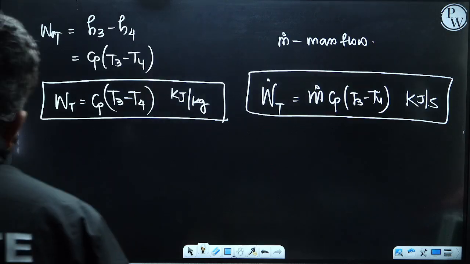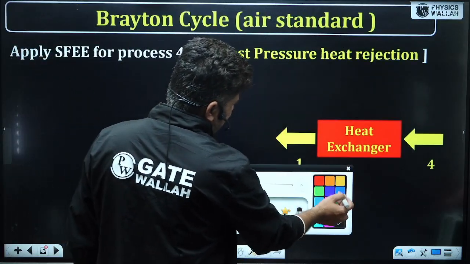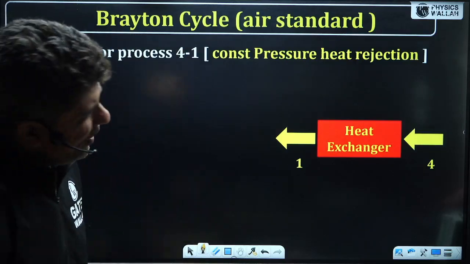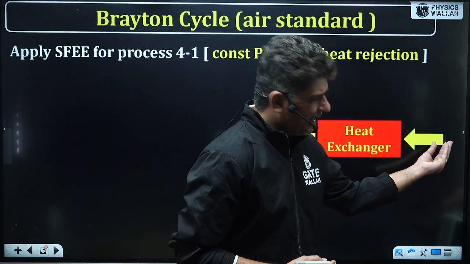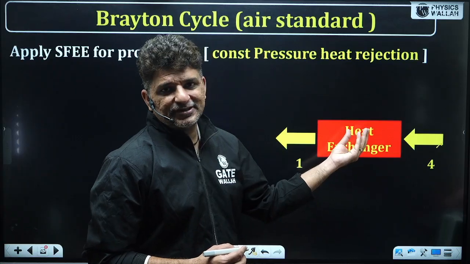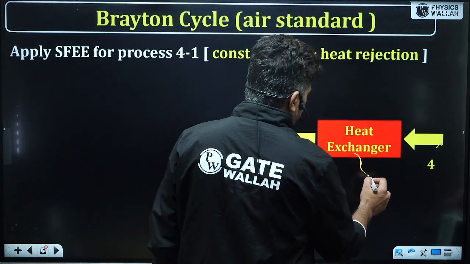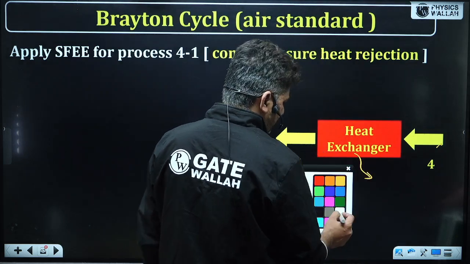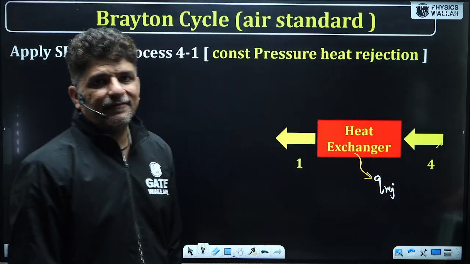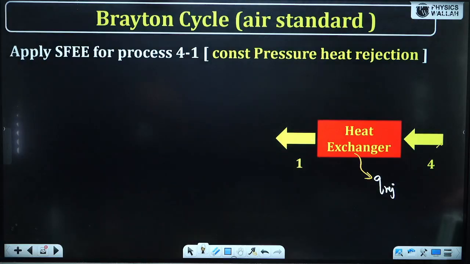Okay. Now let's go to the last device, which is the heat exchanger, where the heat rejection happens. So now you have low pressure, high temperature air which is ready to throw the heat to atmosphere. Generally the heat is rejected to atmosphere. So you have Q rejection over here. And if heat rejection happens, there is no work developed in the heat exchanger.